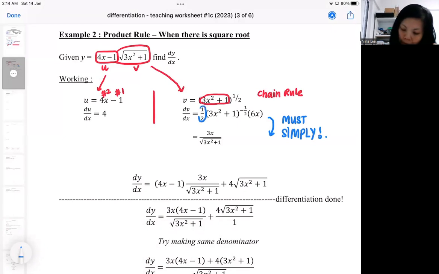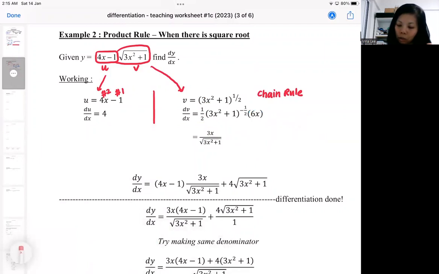So half and 6x will make up the numerator. So this part should be 1 over 3x squared plus 1 with a half. And power half is how I've gotten the square root. So you must simplify your mini differentiation. Most people couldn't do it due to the fact that they don't simplify into the square root.